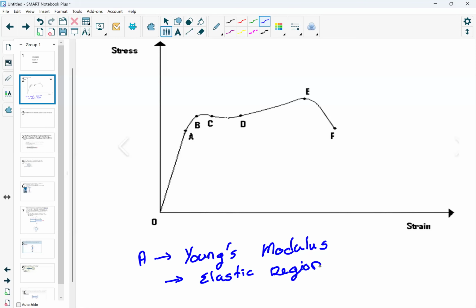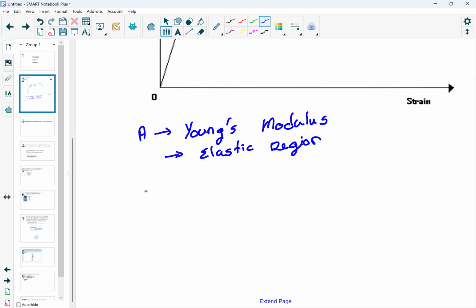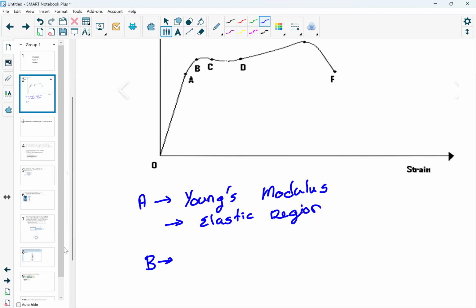All right. Point B, any guesses what's going on at point B? Would that be the yield point? Yep. So that's the yield stress. And we did some problems where we would label that sigma sub y.